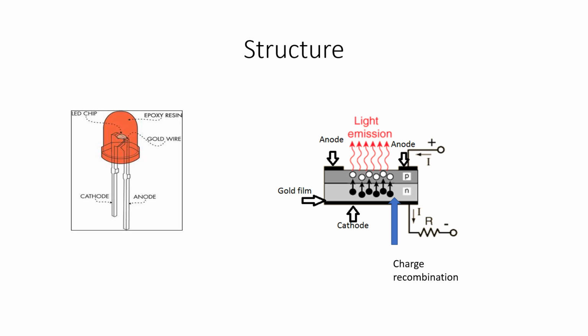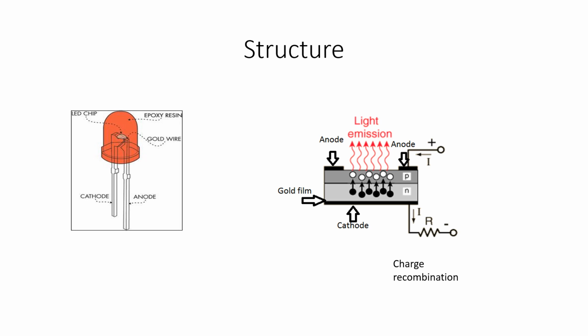And if you see the next diagram, we can understand the structure of the LED. Here an N-type layer is grown on a substrate and a P-type layer is deposited on it by diffusion. So the first layer is the N layer, then the P layer is deposited over the N layer by the diffusion process.